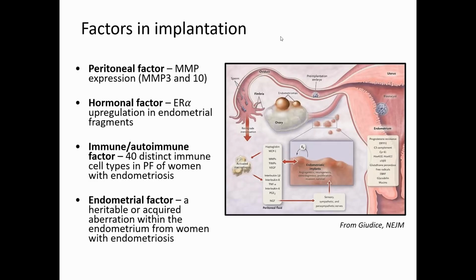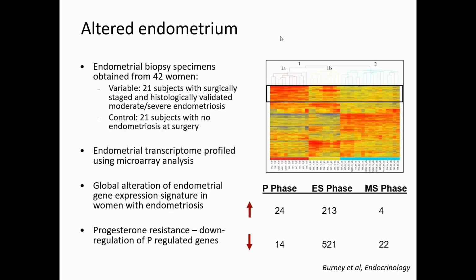And studies of peritoneal fluid from women with and without disease have identified distinct immune signatures and cell types that would tend to underpin that impairment of immune clearance may be part of the implantation process. Finally, it's possible that a heritable or acquired factor within the endometrium itself places women with endometriosis at particular risk for the retrogradely menstruated product to implant within the pelvis.